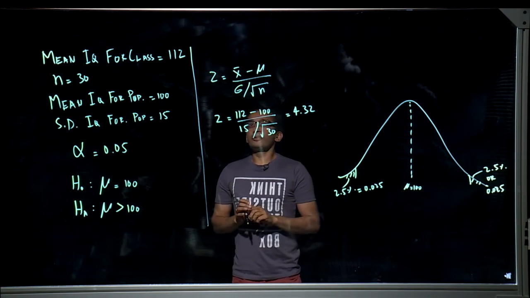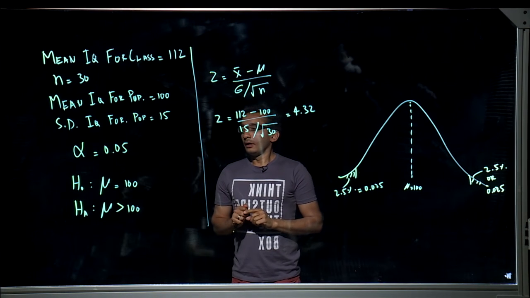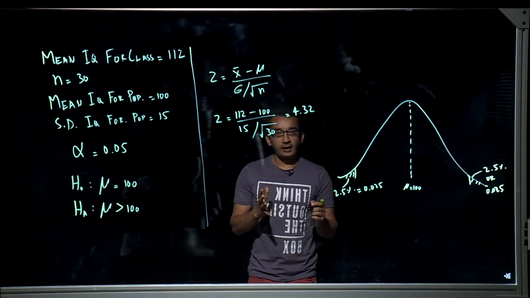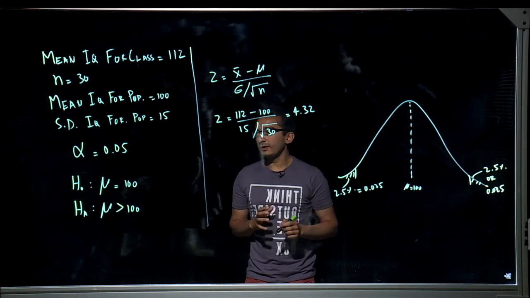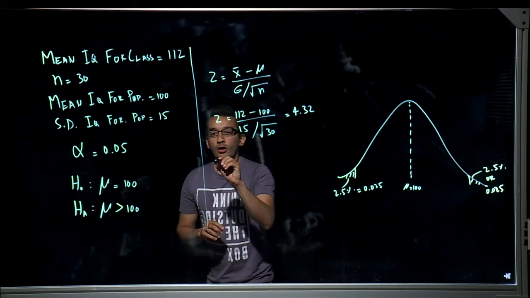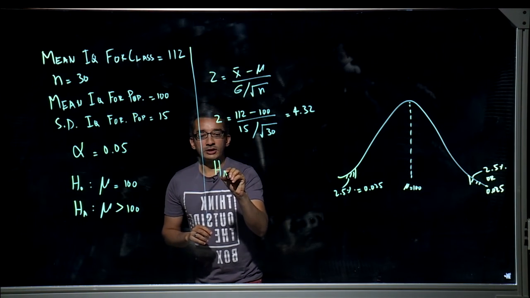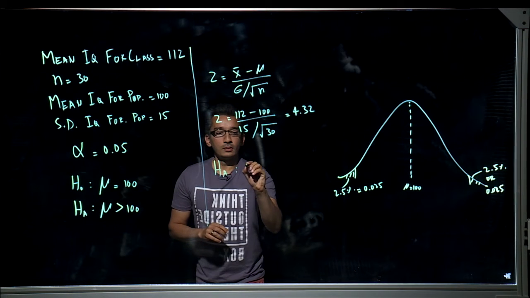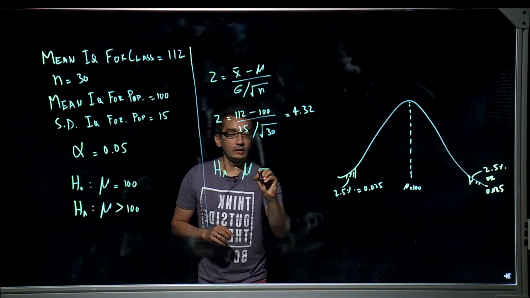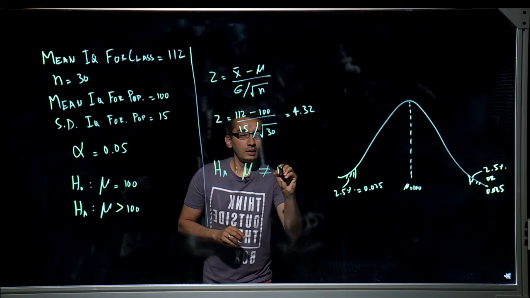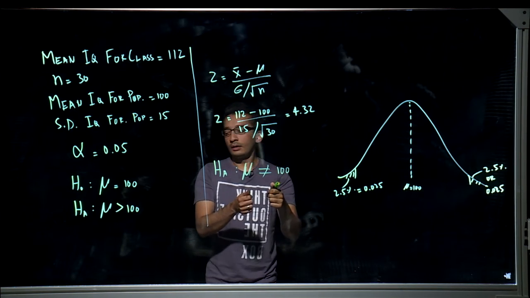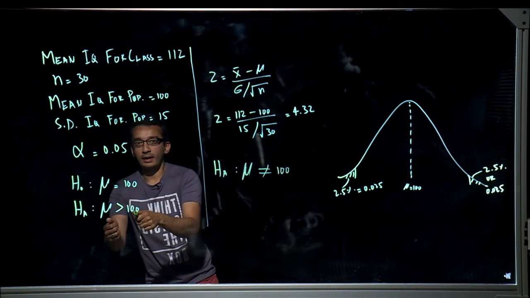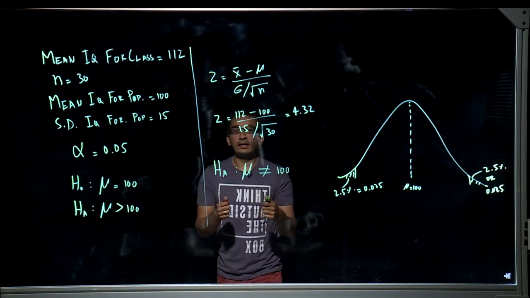Another thing which will be different for the case of two-tailed hypothesis testing is that our alternative hypothesis would change to mu is not equal to 100 rather than mu is greater than 100, like in the case of one-tailed hypothesis testing.